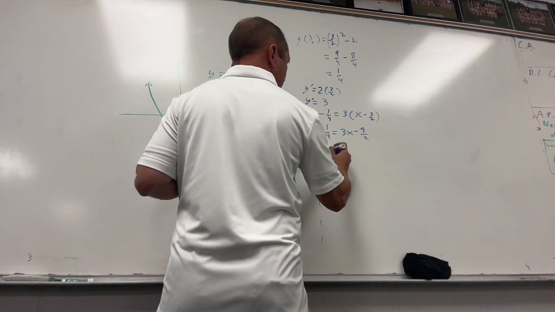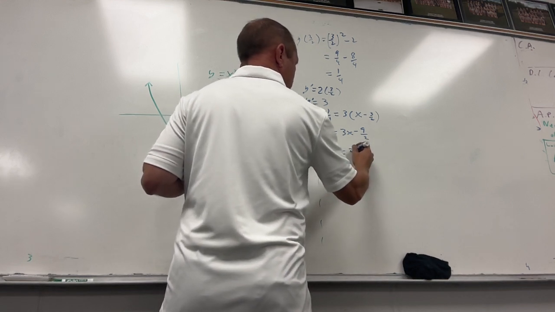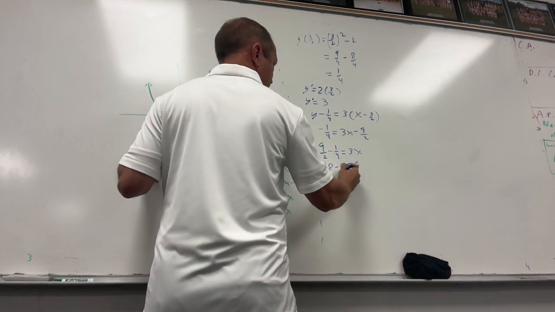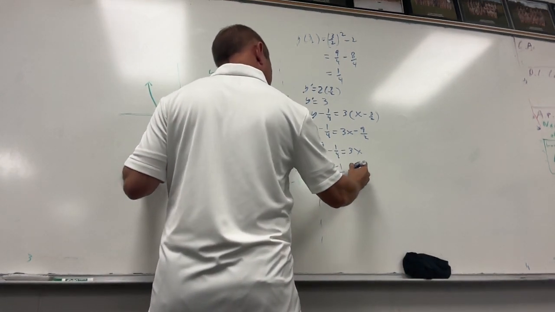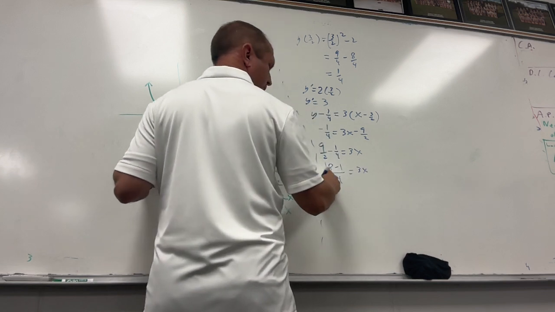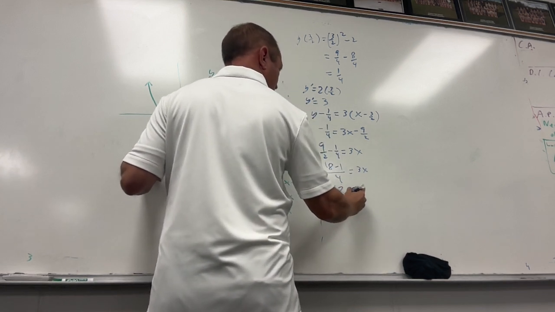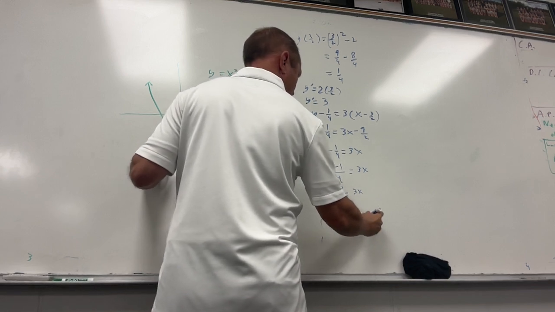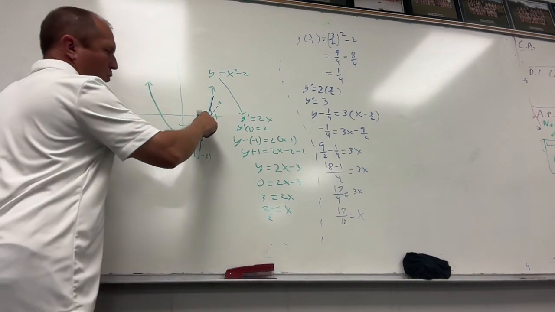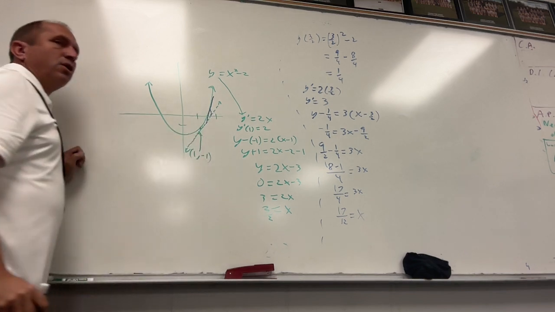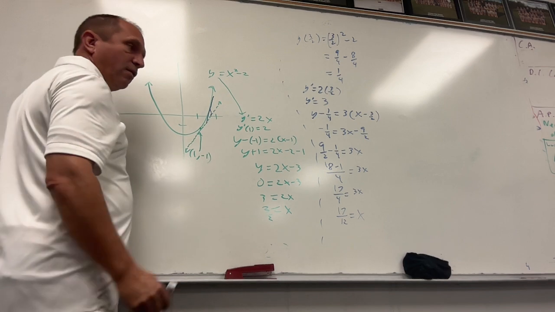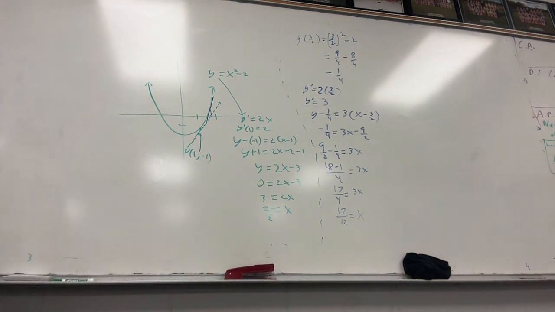So 9/2 minus 1/4 equals 3x. So this is 18/4 minus 1/4 equals 3x. So 17/4 equals 3x. So 17/12 equals x. So 17/12 is going to be just a little bit closer to our 0 than where we are right now. But again, I'm going to do another approximation.